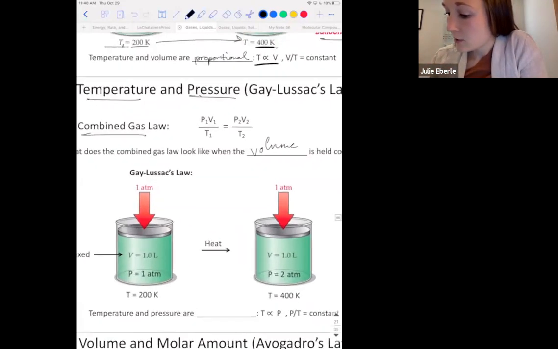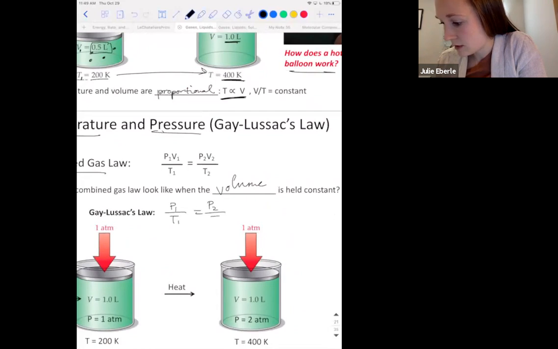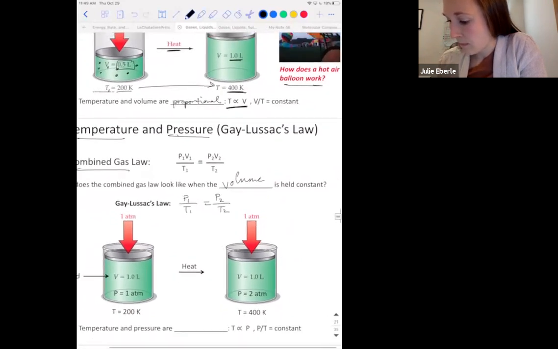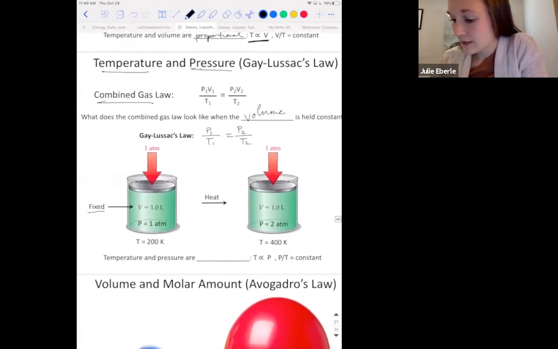So what is Gay-Lussac's law exactly? If we're taking volume out of the equation, we're holding it constant, so we'll just delete volume from the combined gas law and we get P1 over T1 equals P2 over T2. So the lid on our container stays fixed, volume this time, 1 liter in both cases.